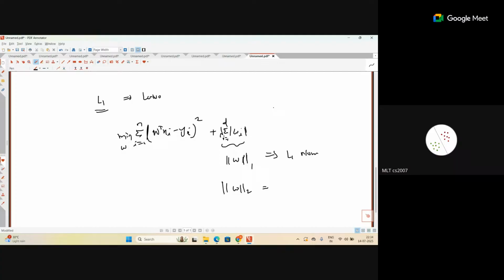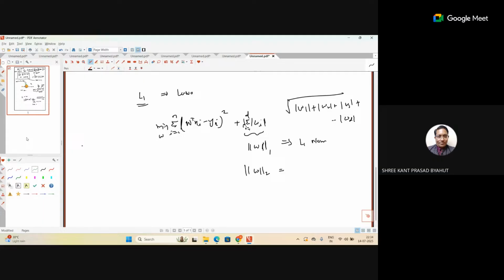So basically it will be the absolute value of W1 plus the absolute value of W2 plus the absolute value of W3 and so on. There should not be a square root, only the absolute value summation.